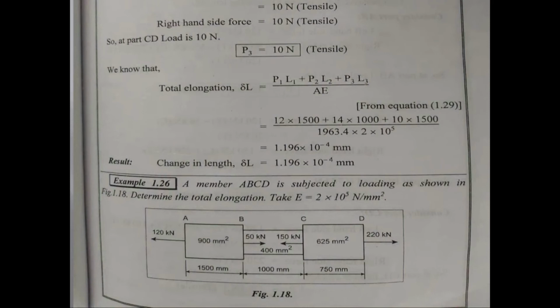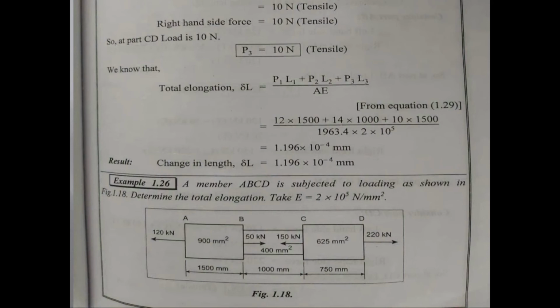Okay, next consider the third part CD. In CD the area is 625 and the length is 750 mm. First you take the left hand side. In the left hand side there are 3 loads acting: 120 kilonewton, 50 and 150 kilonewton.